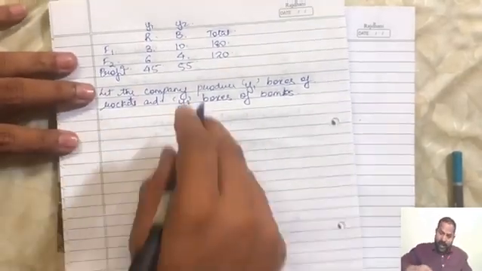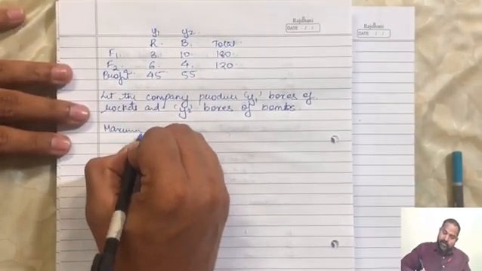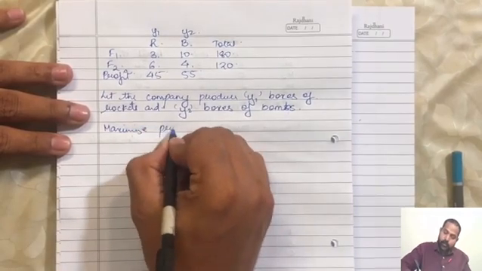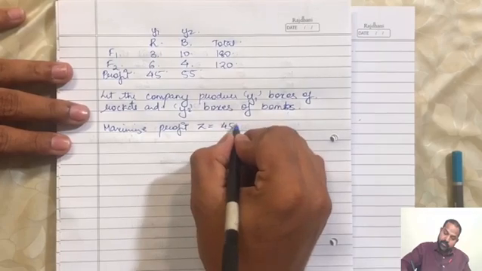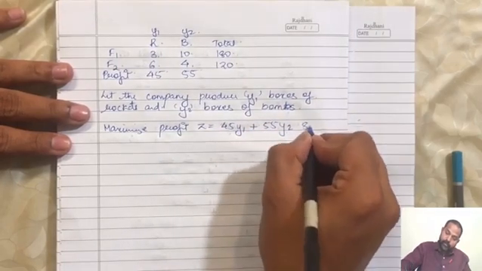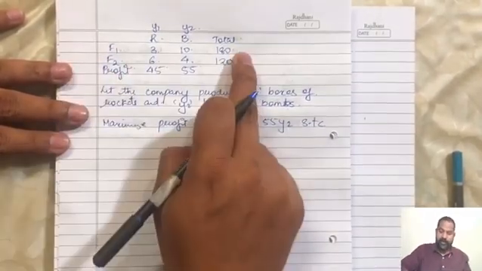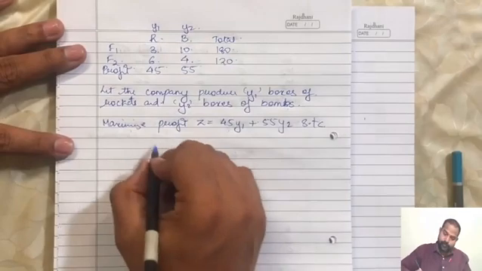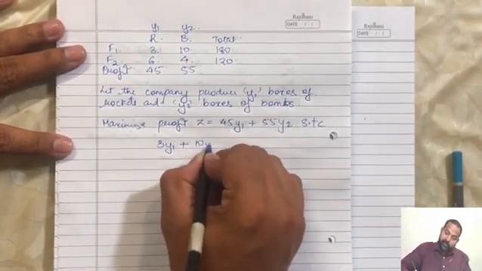Correct? I have to maximize profits always. So my objective will be maximize profit, which is Z, which is 45Y1 plus 55Y2, subject to constraints. Constraint number 1, factory 1 time constraint, is 3 times Y1 plus 10 times Y2.